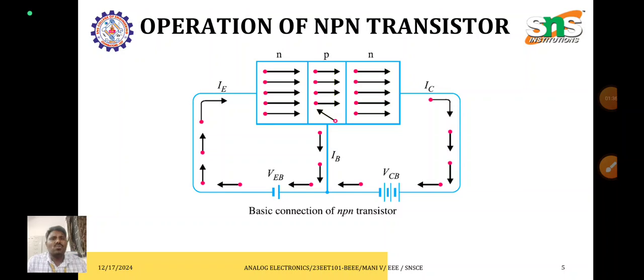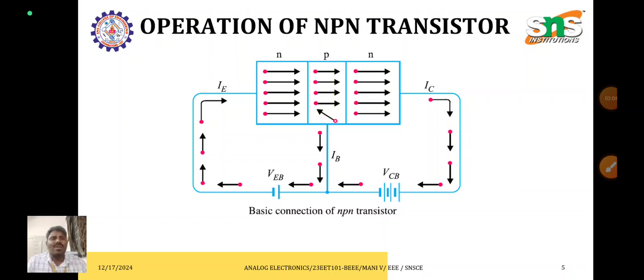So, the operation of the NPN transistor. NPN: N-type semiconductor, P-type semiconductor, N-type semiconductor, it has three layers. The terminals are namely emitter, base and collector. It has two junctions, one is the emitter base junction and another is the collector base junction.